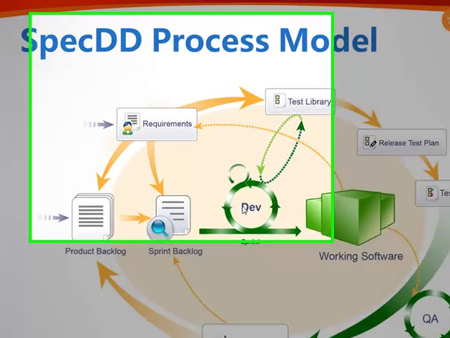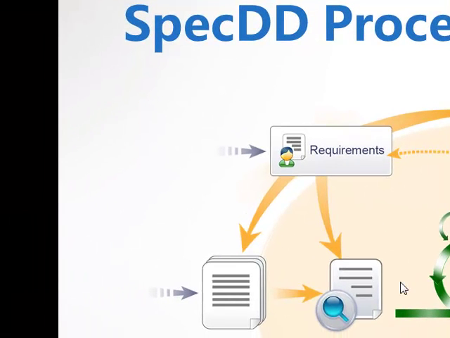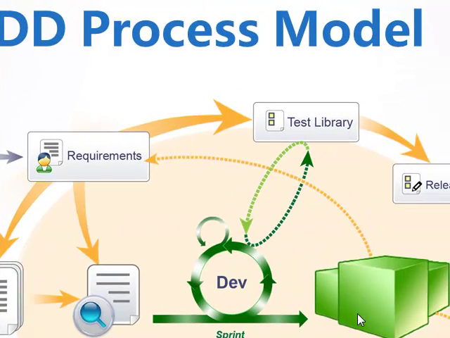Expanding out from just this cycle, we see the inputs and the outputs. So we, of course, have the sprint backlog, the product backlog as the inputs, and then the output, the deliverable, is the working software.